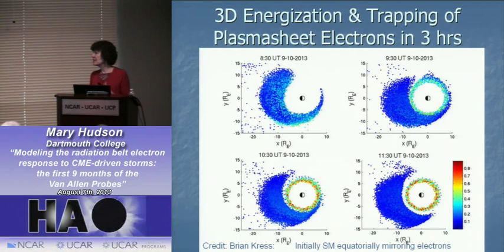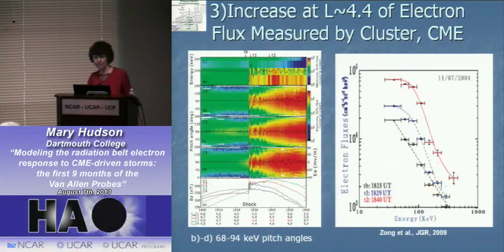So it turns out that it's one of those cases where the rich get richer, so you need energetic electrons to begin with to interact effectively with the whistlers to get efficiently accelerated up to higher energies in larger numbers. And so this is showing how the magnetospheric convection is giving you an enhanced source population during this time.